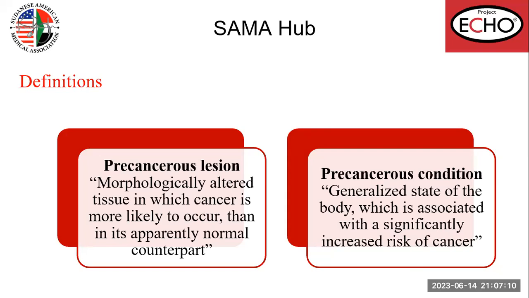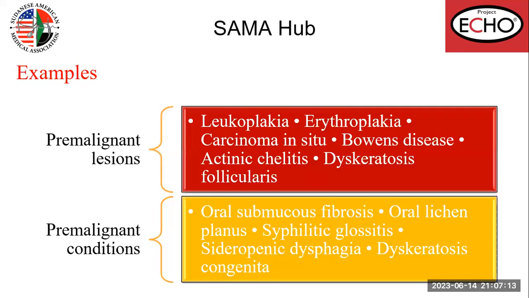Examples of these diseases that we can discuss some of. For premalignant lesions, we have a condition known as leukoplakia. We have erythroplakia. We have carcinoma in situ. We have Bowen's disease. We have actinic cheilitis, and we have dyskeratosis follicularis.